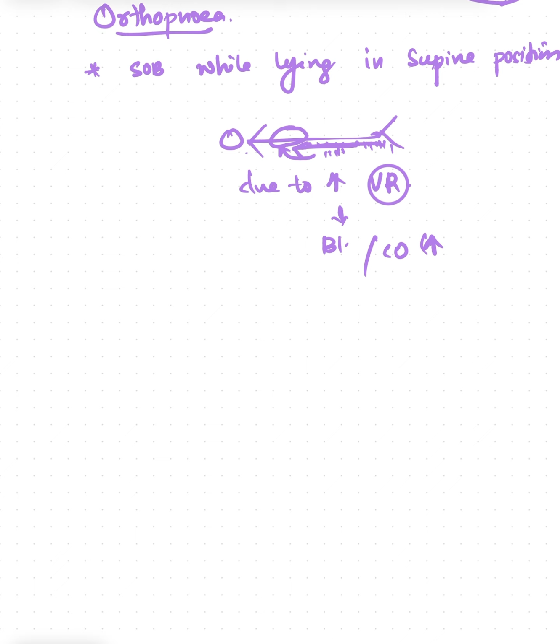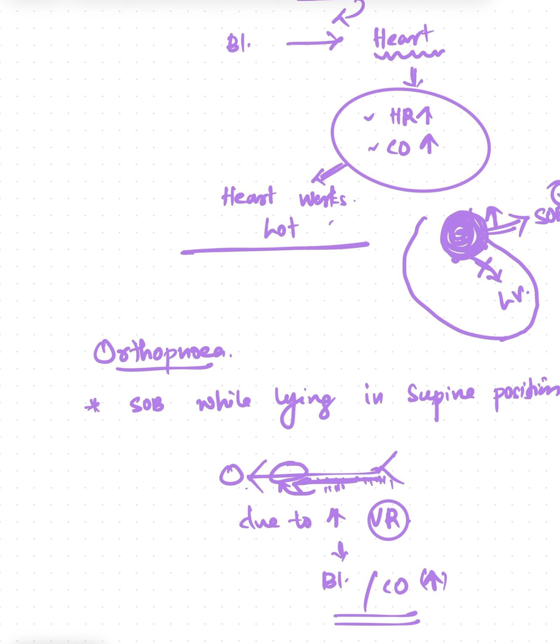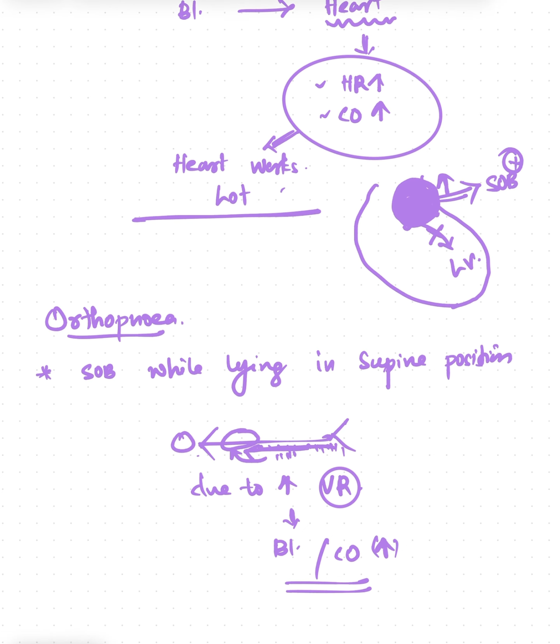When cardiac output increases, as I told here, it further increases the left atrial volume, which goes into the lungs again through the pulmonary vein, and the patient will manifest with shortness of breath. So shortness of breath in the supine position.